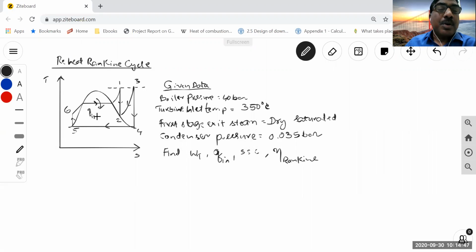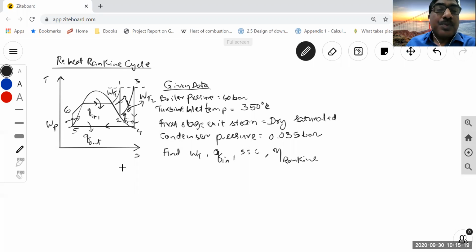Q in 1 and also here it will be added Q in 2, and this is Q out. And here the turbine work will be there and here also turbine work will be there. So this is WT1, this is WT2 and this is WP.